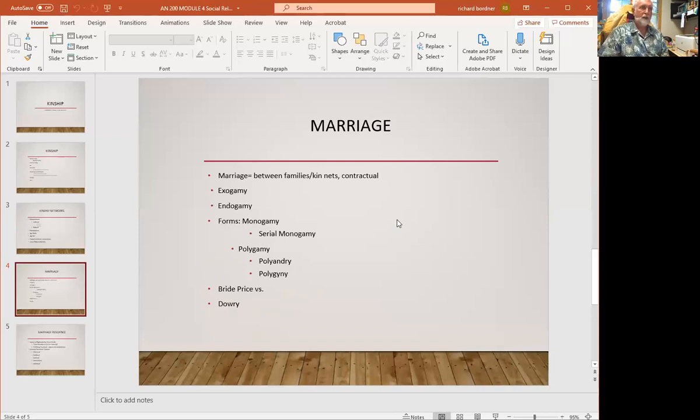In most societies, if families are getting involved and families agree to a marriage, this also means there's a fair amount of pressure from the families for a marriage to persist, even if the individuals who are getting married don't necessarily get along particularly well. Because now the families are tied into a net of in-laws. There's a net of relationships there, and it's probably in some way, shape, or form to the advantage of both families to have that relationship.